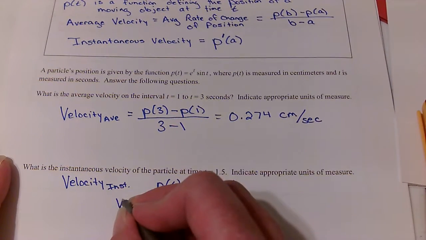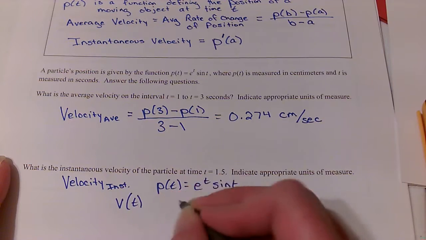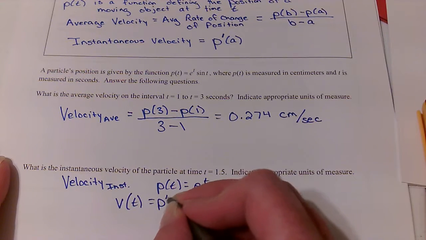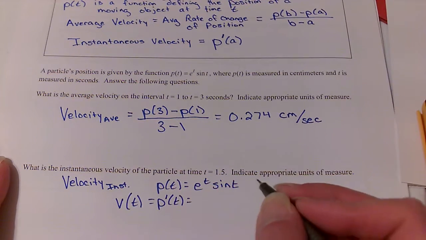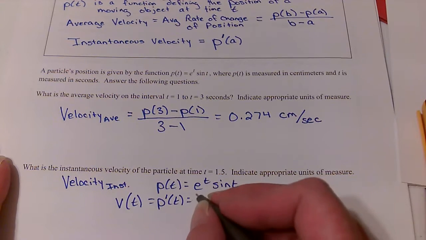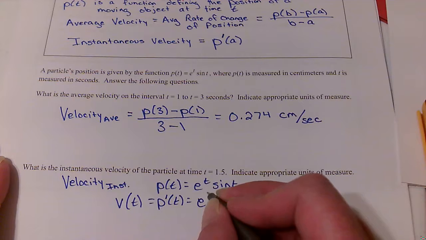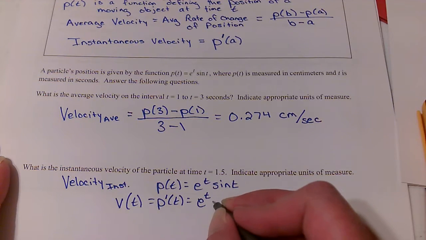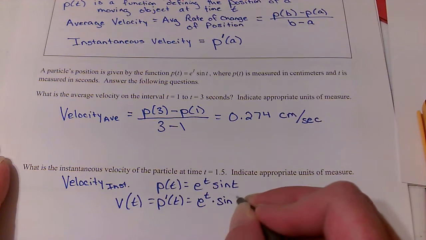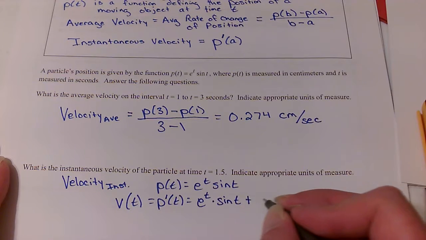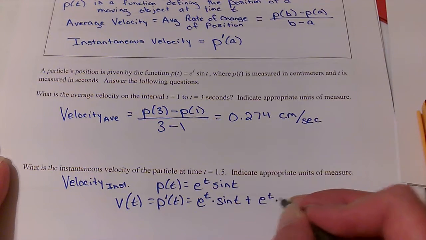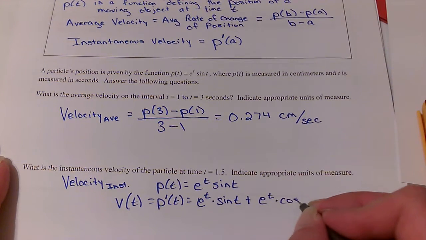So to find the velocity at a particular time, we're going to take the derivative of position. Well, this one's pretty easy to take the derivative of. Derivative of the first would just be e to the t times 1 times sine t plus the first function times the derivative of the second.